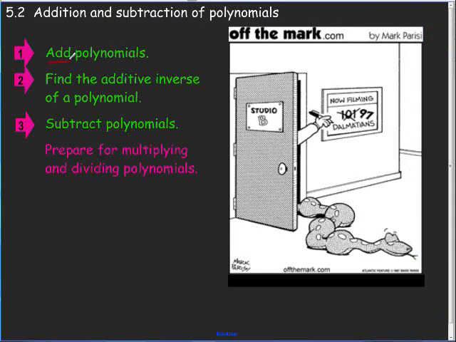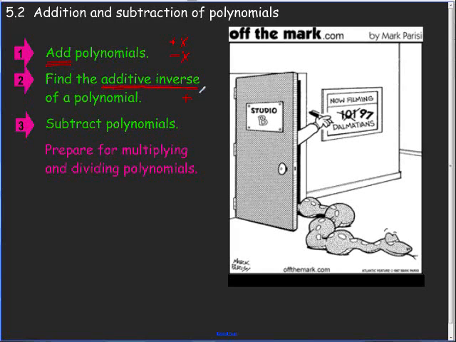We're going to add polynomials and find the additive inverse. Basically, what does that mean? If we have, for example, a positive x, the additive inverse is a negative x.